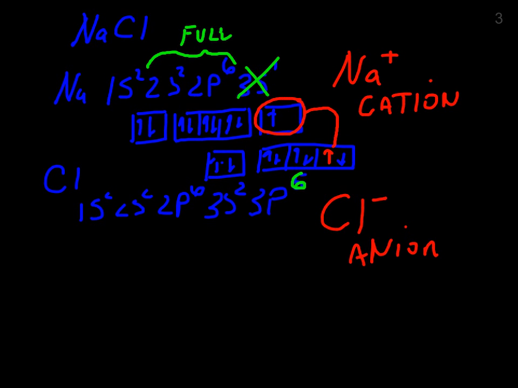So ionic compounds are formed from ions. And if I were to look at what this ionic compound would be like, there would be a sodium ion next to a larger chloride ion. They'd be electrostatically connected, combined, just like a set of magnets. Okay, so that's an ionic compound.